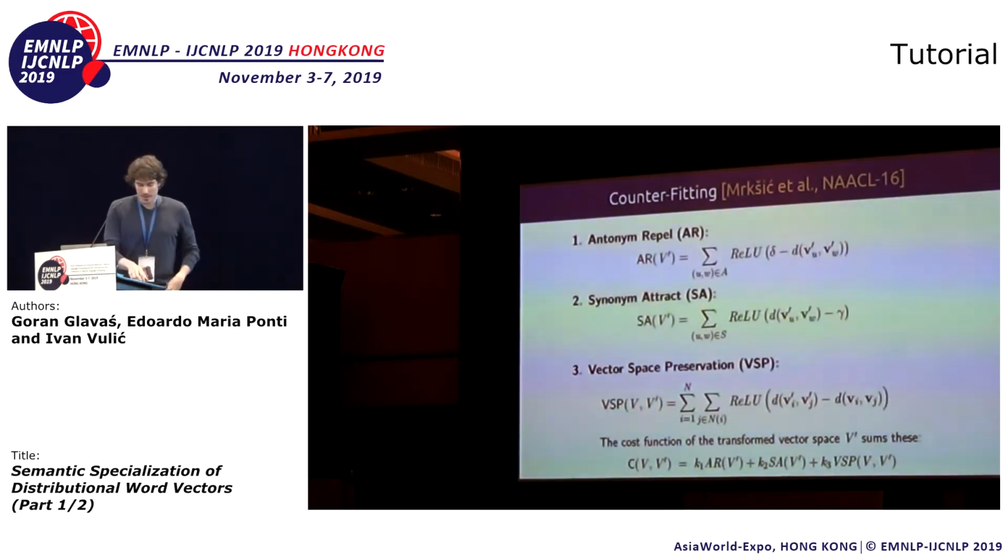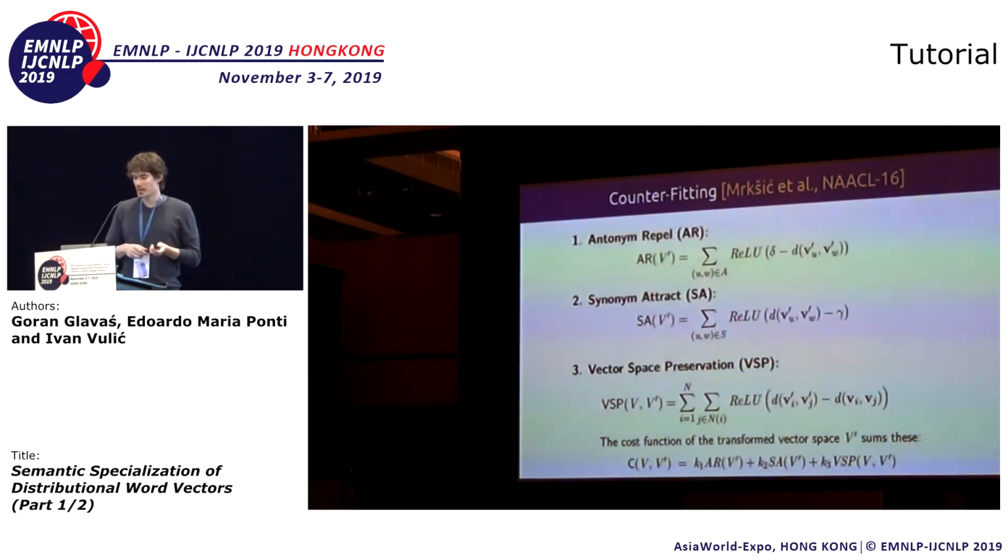And their objective is slightly different. It's again just minimizing distance, I think operationalized as a cosine distance here: minimizing distance between synonyms, maximizing the distance between antonyms, and the third term is again regularization, which is now slightly different than in the original retrofitting.